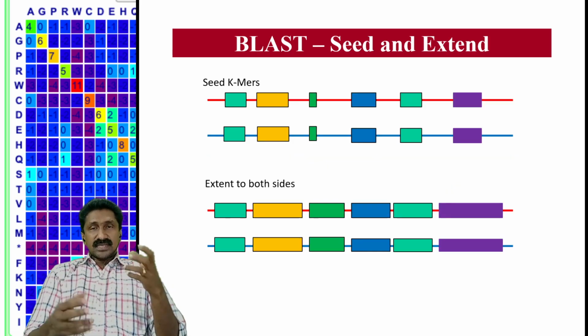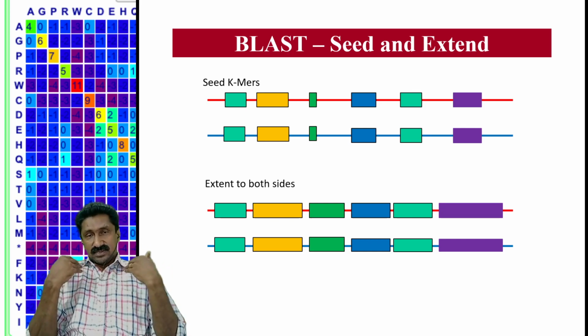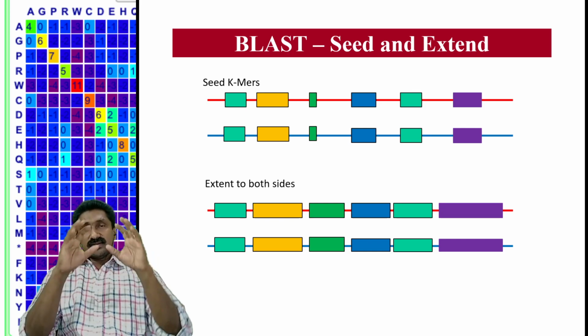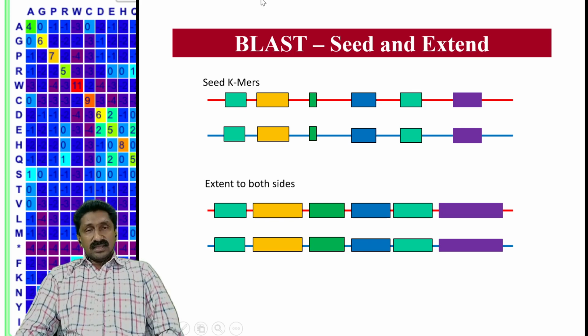Now, the second step is the extension: seed and extend. Once your query words were seeded and aligned with the target sequence, you can go to the second step. Each seeded word will be extended on both ends. Starting from one end, it will look for additional matches on both sides.